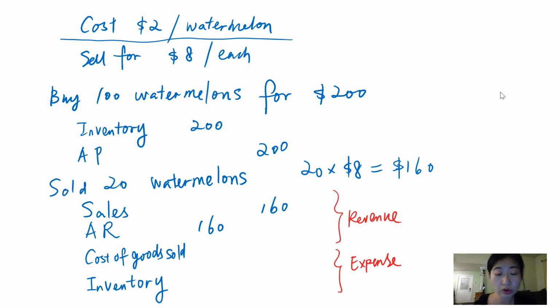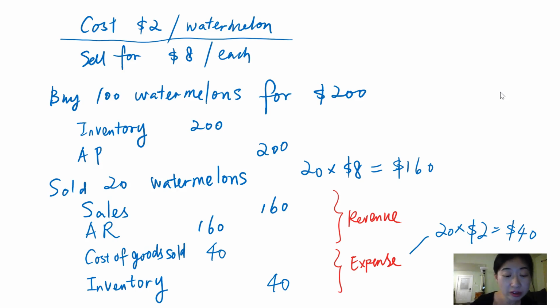Therefore, my cost of goods sold has increased by 2 times 20, which is 20 watermelons times $2, so $40. So cost of goods sold would increase on the debit side, 40, and the inventory will reduce on the credit side, so 40 for the inventory.